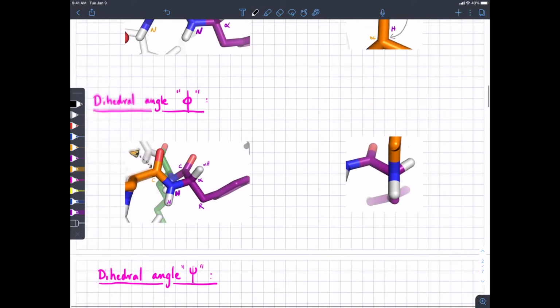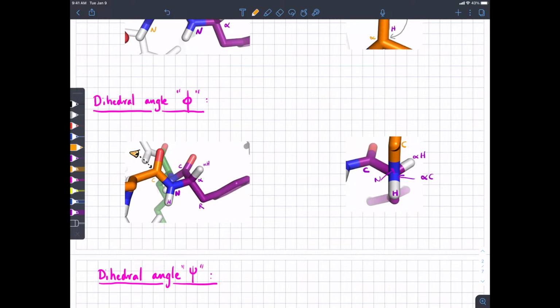Okay, so we're zooming in, we're looking down that bond. So just to orient you, again, right here in front is the amide nitrogen. In back, where you can't see it, is the alpha carbon. In back, this is the alpha proton, and this is the carbonyl carbon. And then in front, we have the amide proton and the carbonyl carbon of the orange amino acid.